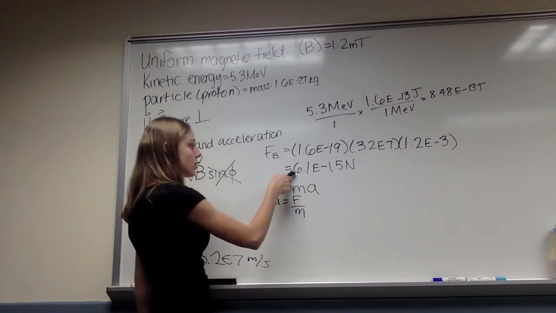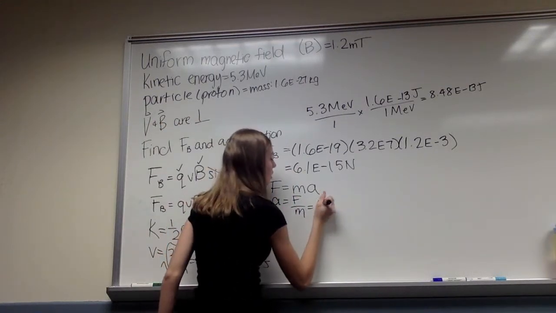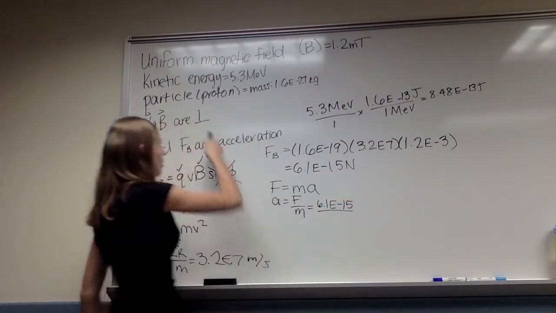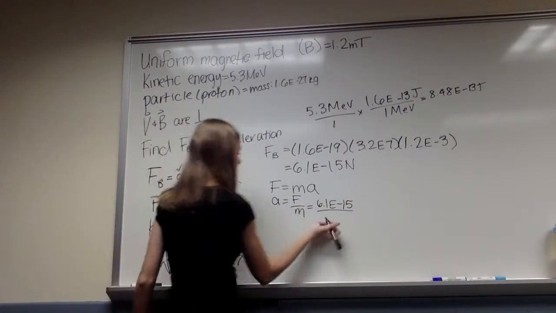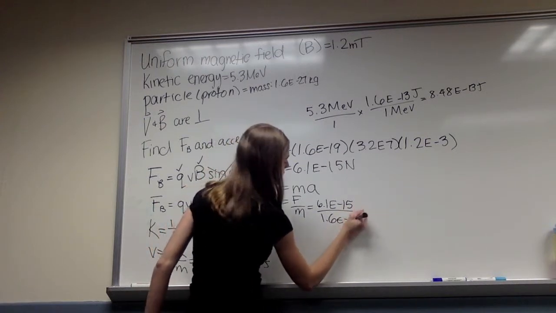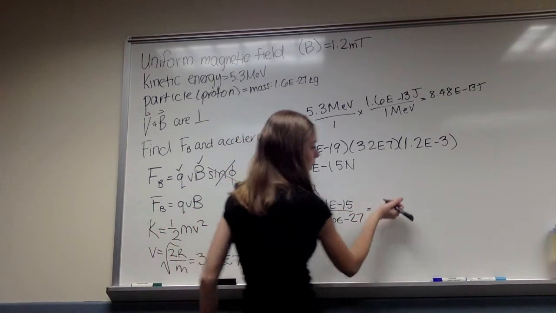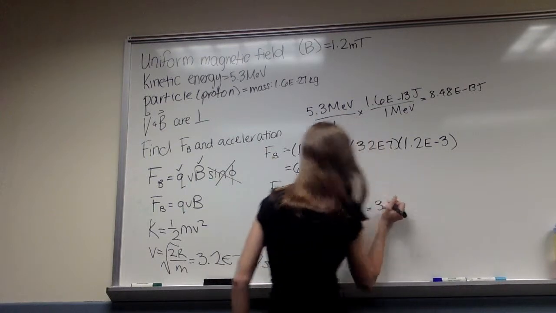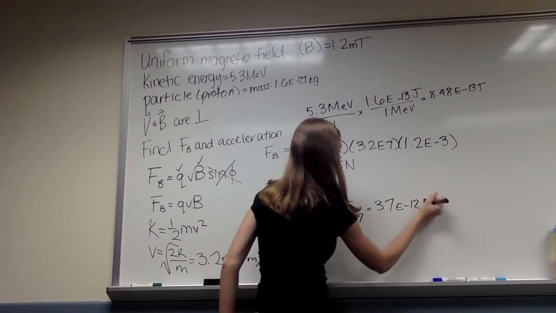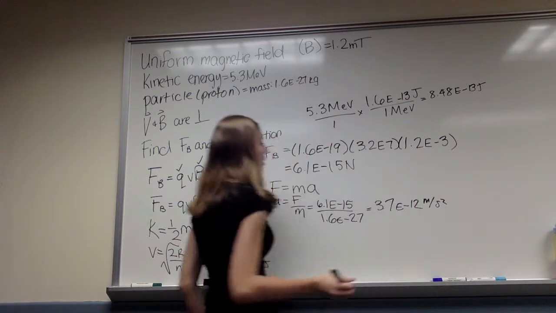Now we know the force we just solved for in the last equation, and we know the mass of a proton because it's given. So that's 1.6 times 10 to the negative 27. And we end up with 3.7 times 10 to the negative 12 meters per second squared.